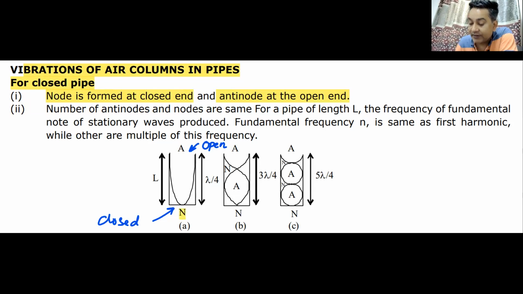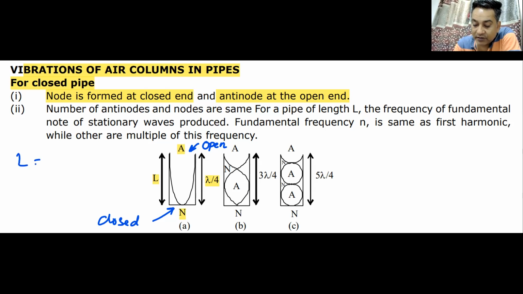Do we see an N here? N stands for node and A stands for antinode. Yes, sir. L is the length of the pipe. There is one node and one antinode. The distance between the node and the antinode is lambda by 4. Do we understand this?